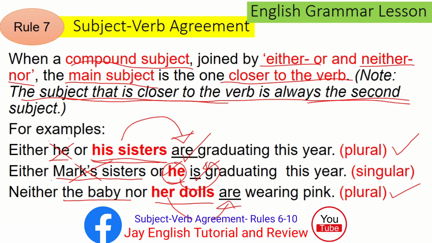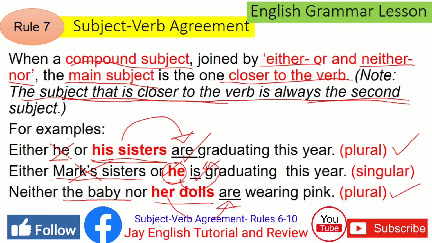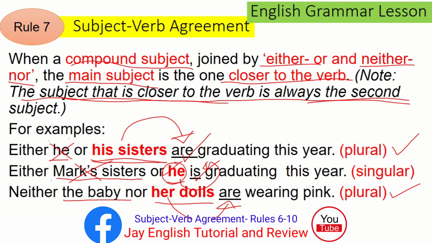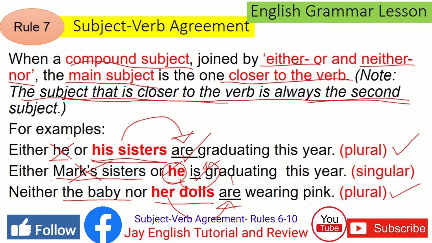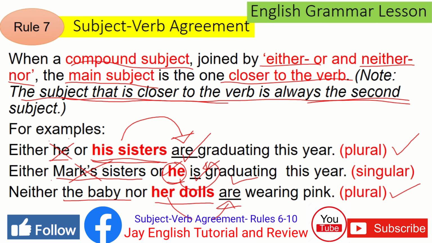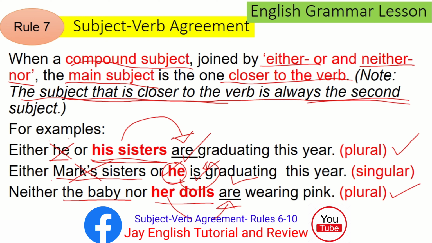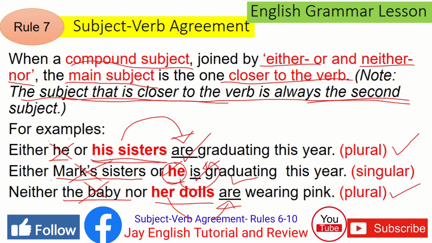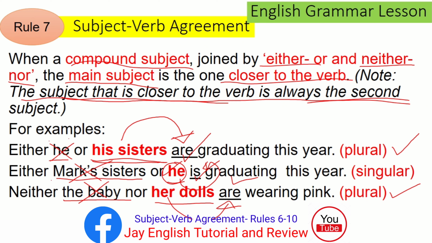In this example, our second subject is "her dolls," which is a plural subject. That's why we are using the linking verb "are," not "is." Neither the baby nor her dolls are wearing pink. So don't be confused again with the first subject, because that is not the subject that the verb is going to agree with.